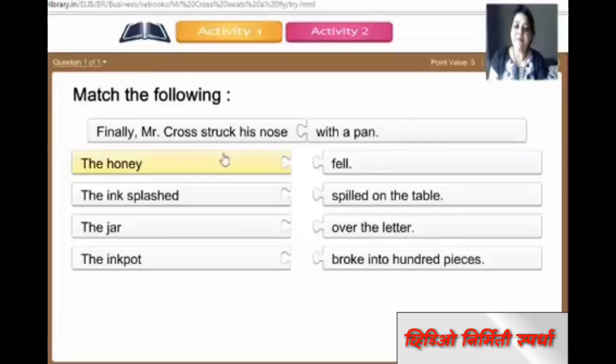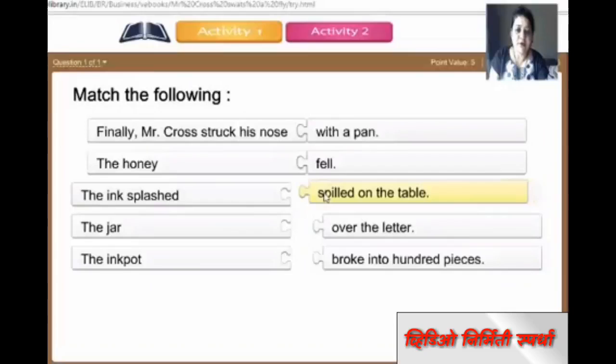Okay. What happened the honey? Okay. Your answer is, well, I am matching it. The third one is the ink splashed. What is the answer? Spilled on the table.